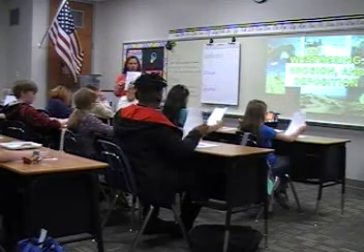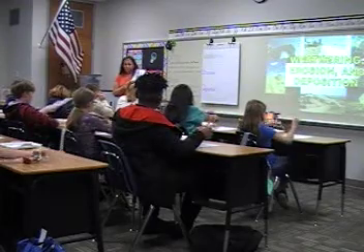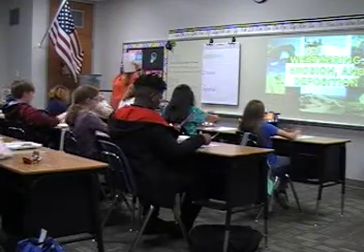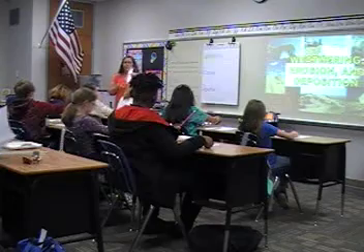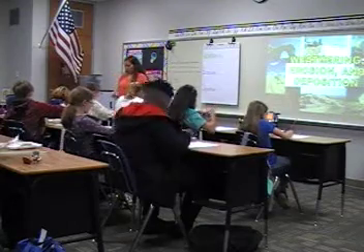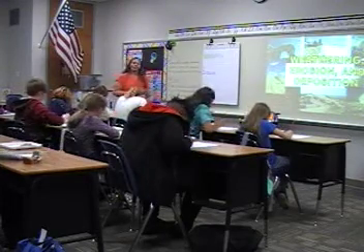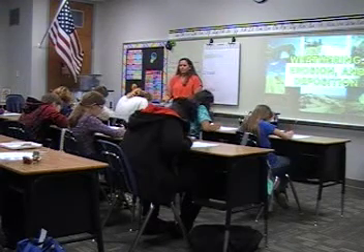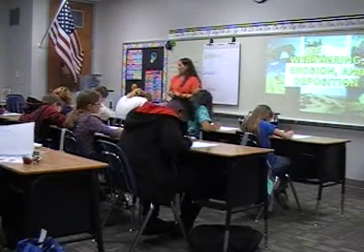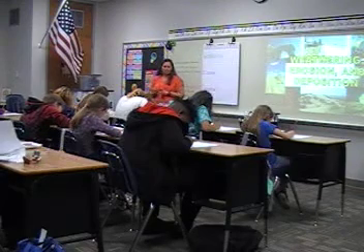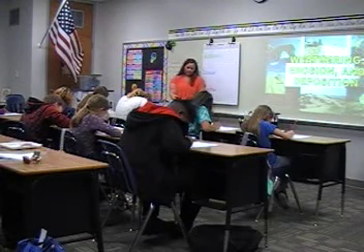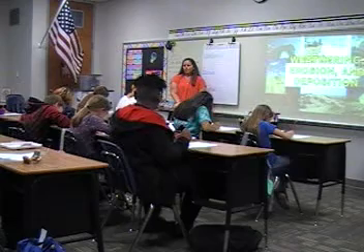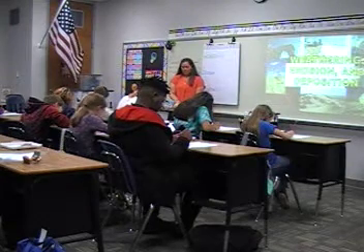Take your pencil, and in this first box, draw what the sugar cube looks like right now. Look very closely at it. Pay attention to the edges, and draw exactly what that sugar cube looks like on your paper. I'll give you just a minute to do that.